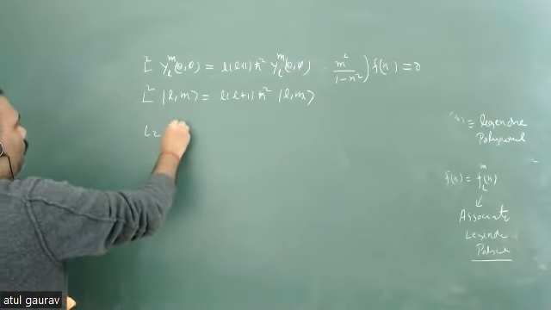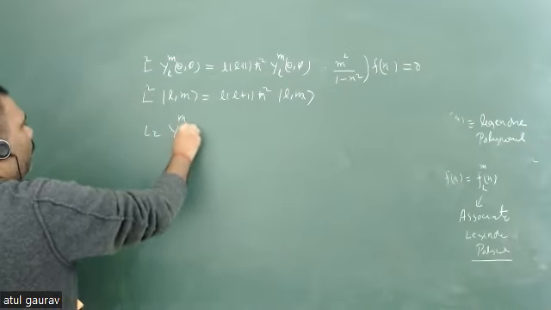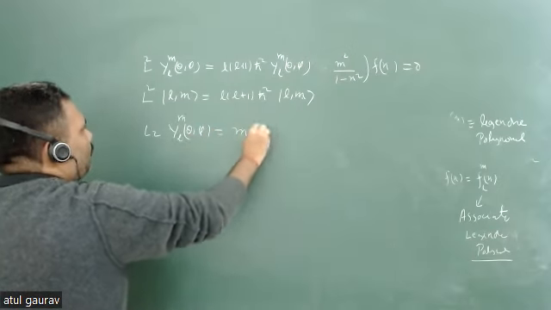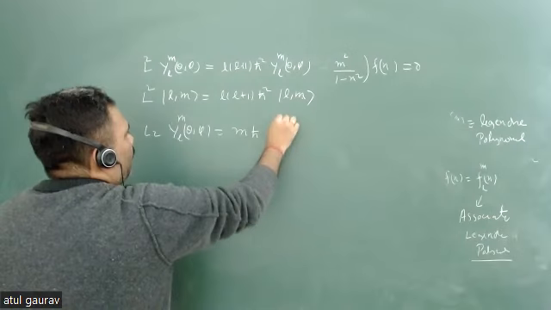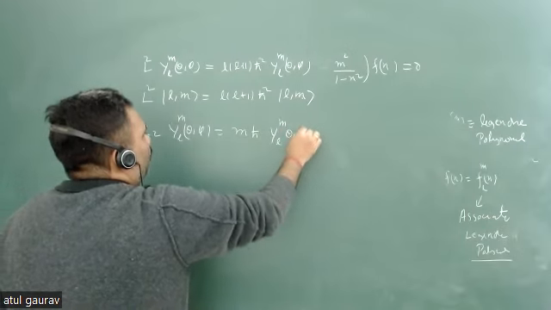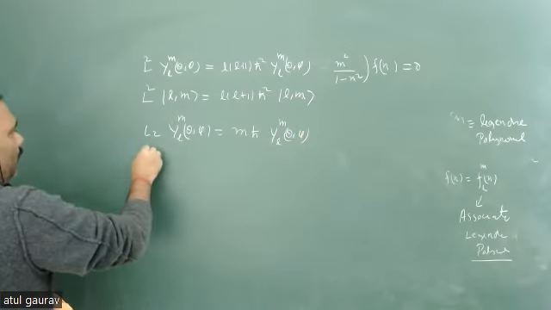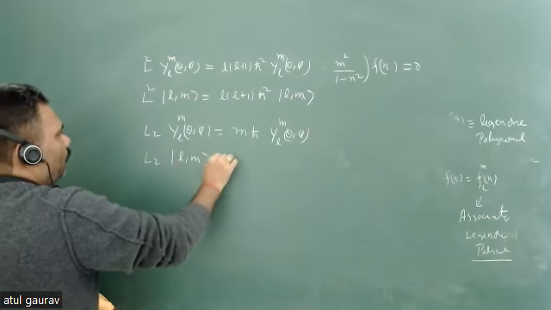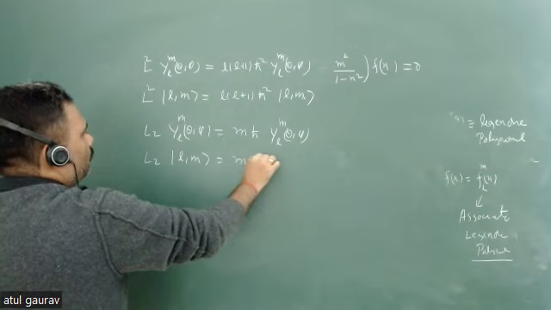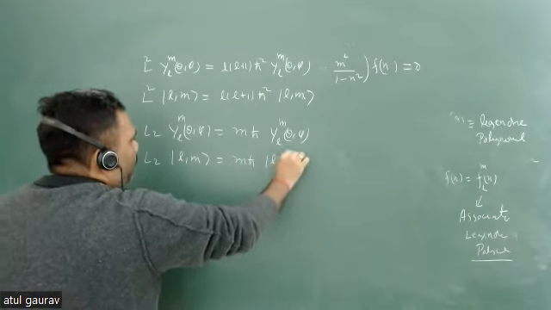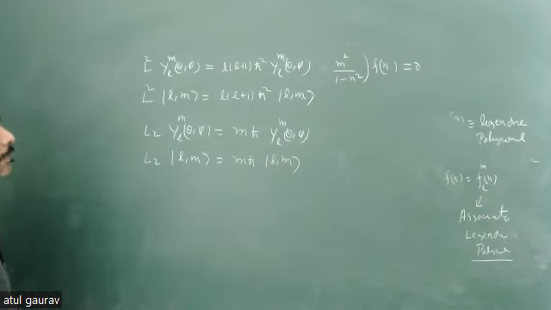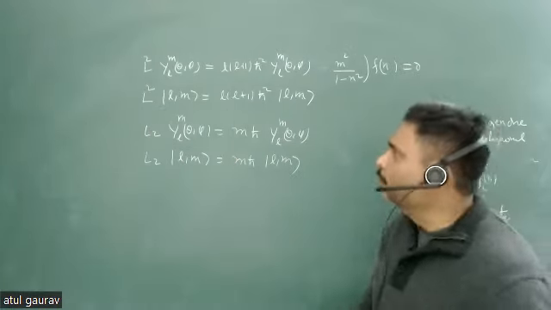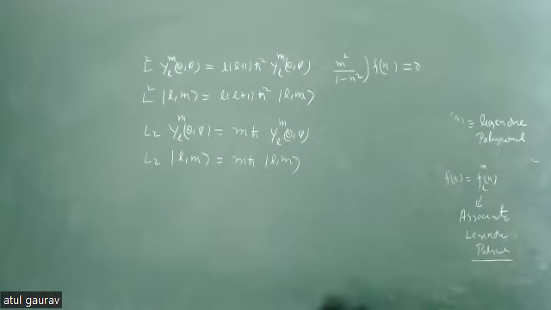L Z will operate on Y L M theta phi. That value is equal to m h cut Y L M theta phi. This is equivalent to L Z |L M> equals m h cut |L M>. Okay, so this is basic thing that you have to learn here.